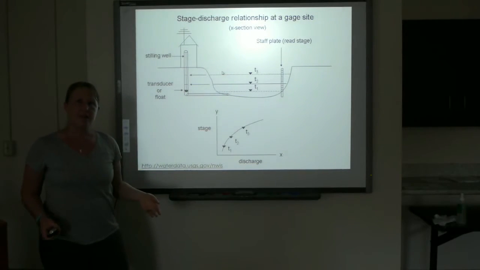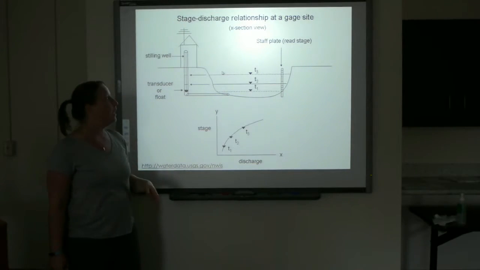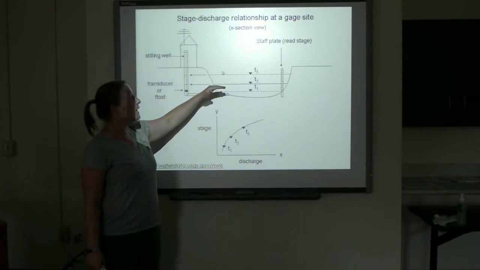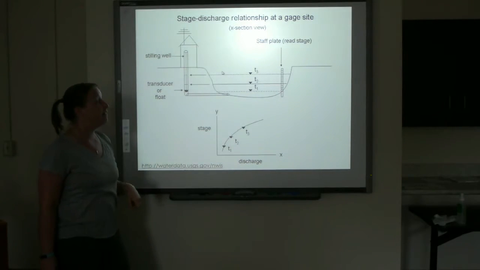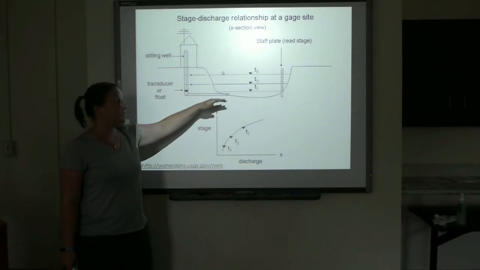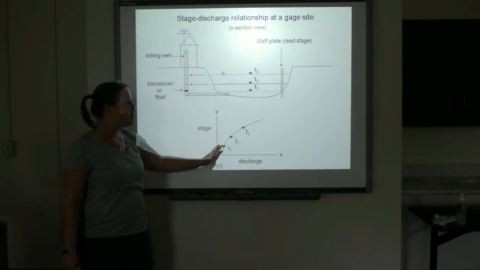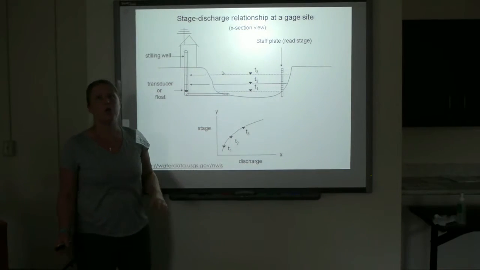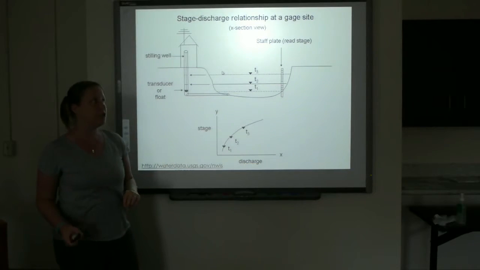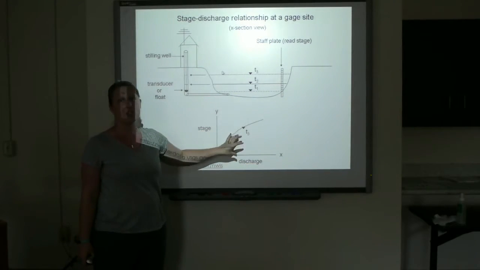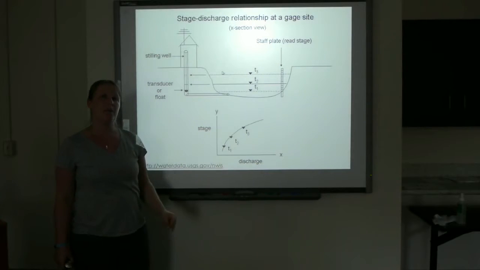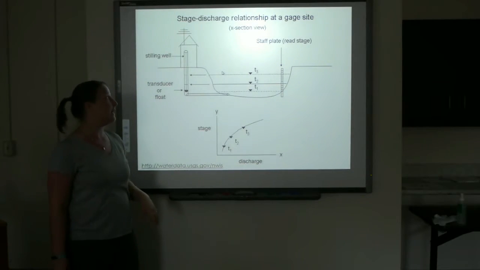Now they have a higher tech method that's quicker, but they'll have these different measurements of discharge at different stages, and they'll make a mathematical regression to correlate the stage to the discharge. This relationship is amended every year in case there are hydrologic changes at the site.